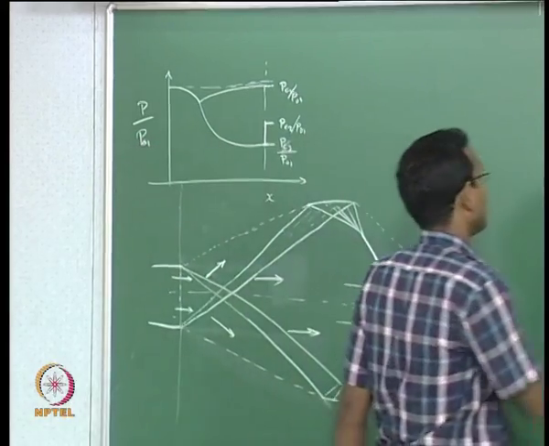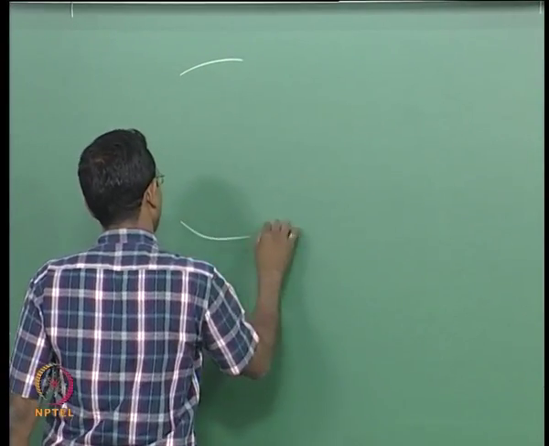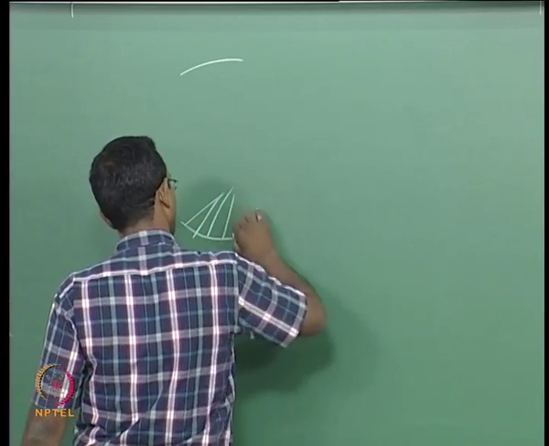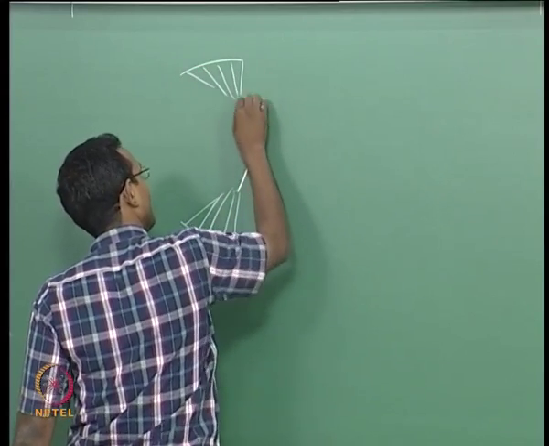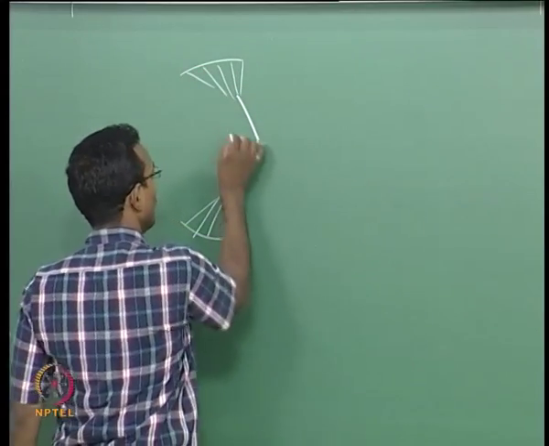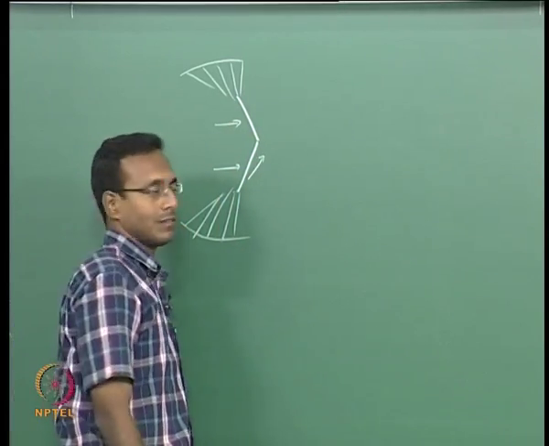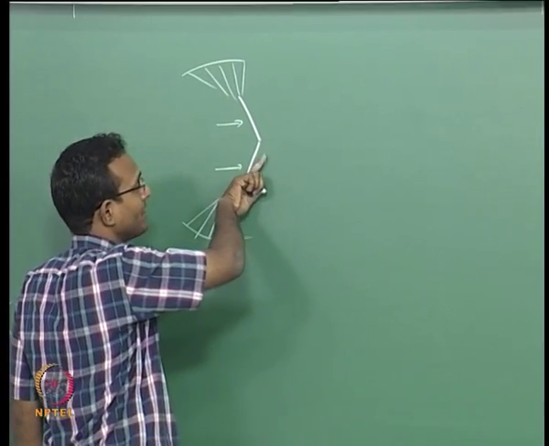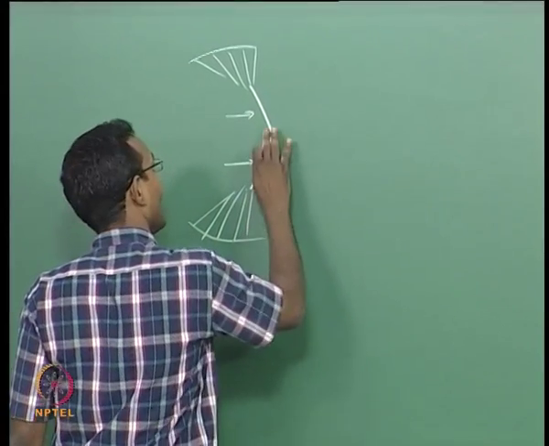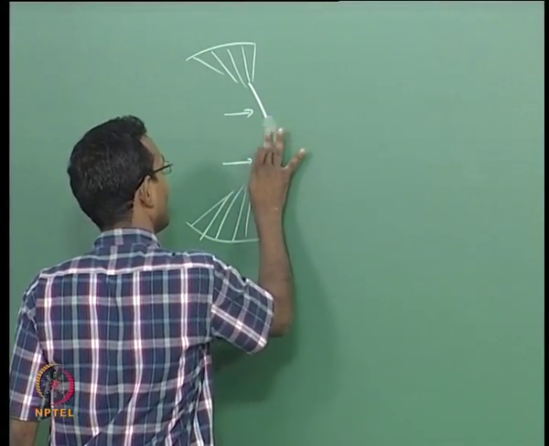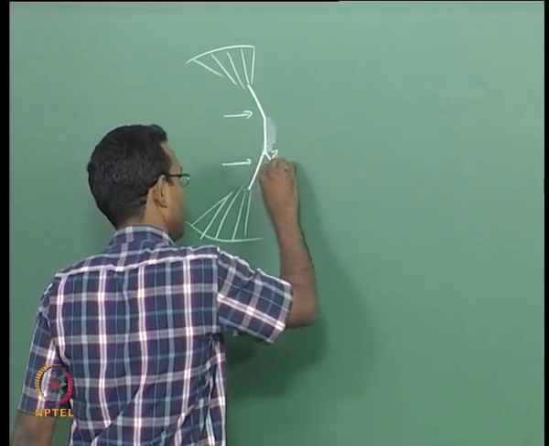I may have a crazy situation, I will just start drawing from that expansion turning at the top and bottom, where I am having a stronger oblique shock, and now if my fluid is coming like this and turning very sharply, it may not be having enough energy to turn it back straight parallel. There could be a situation where I may end up with a Mach reflection at this point, in which case it becomes a shock and then turns around like this.